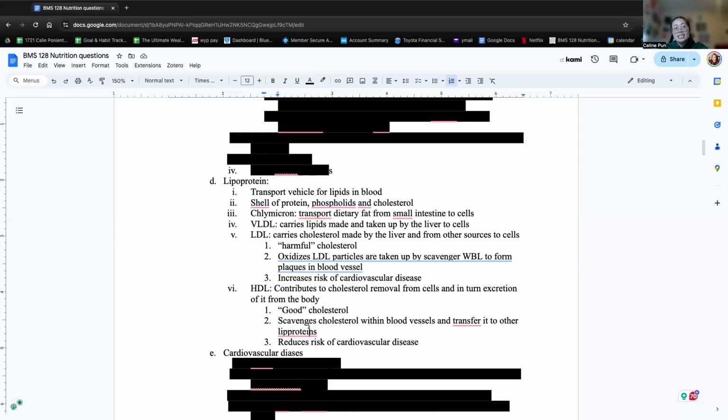It takes the cholesterol stored within blood vessels and transfers it to other lipoproteins. It also tells your liver to stop producing as much cholesterol. It's like collecting all the excess to return to the liver, so it won't produce as much.